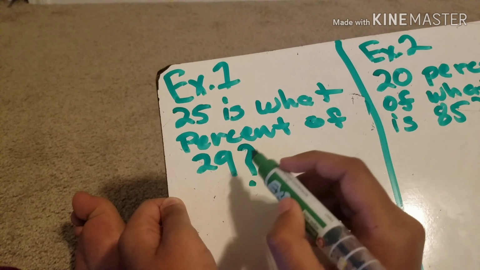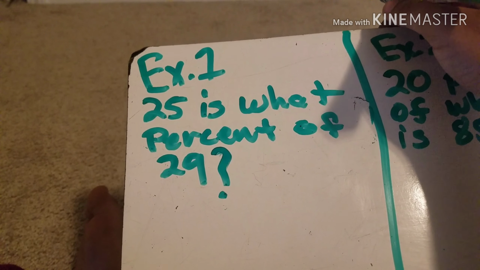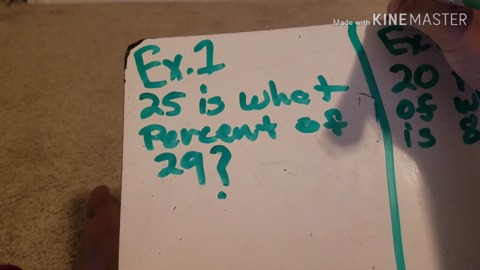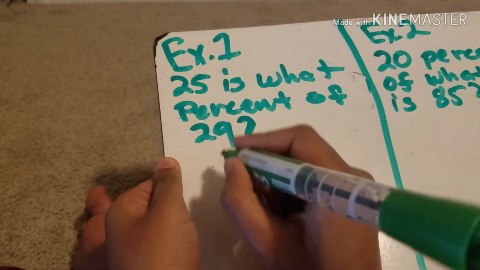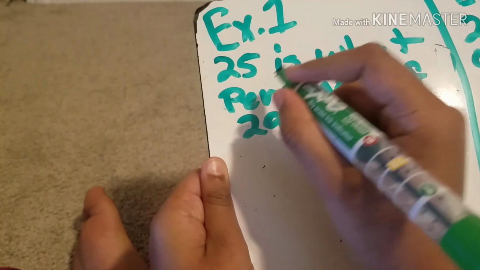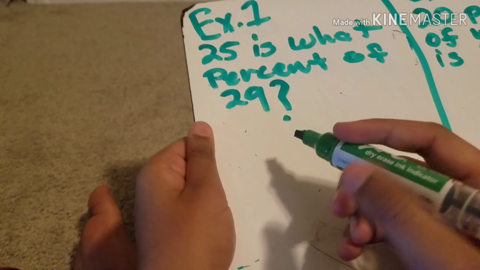So the first example: 25 is what percentage of 29? Basically, we have to set it up like this. We know that 25 out of 29 is one fraction.